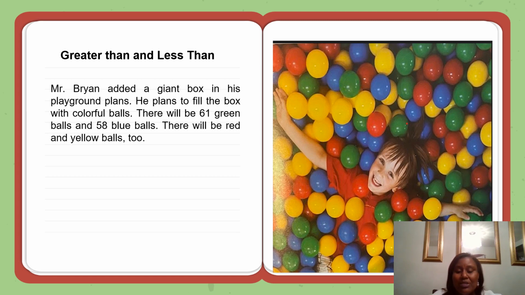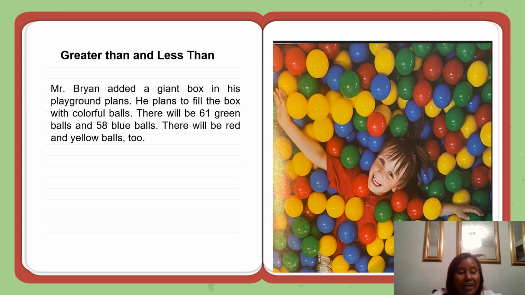There will be 61 green balls. There will be 58 blue balls. Compare the tens. Which number is greater, 6 tens or 5 tens? Yes, 6 tens is greater. Use linking cubes to show the numbers 61 and 58.